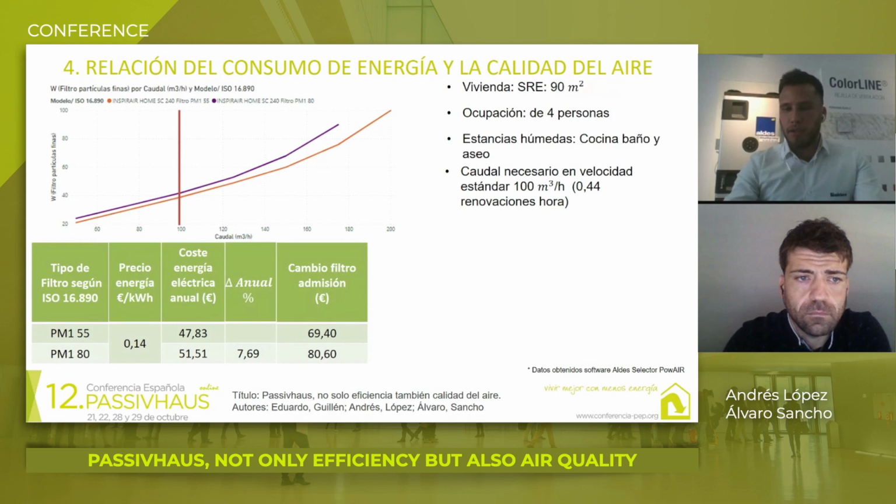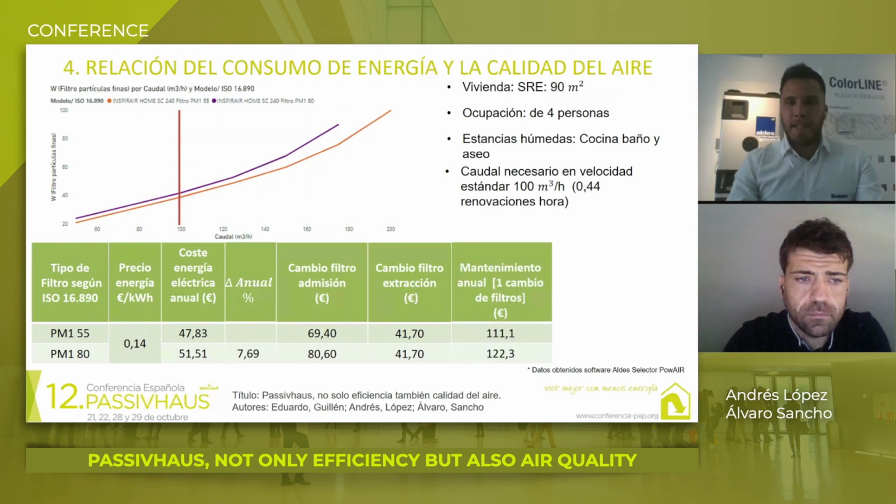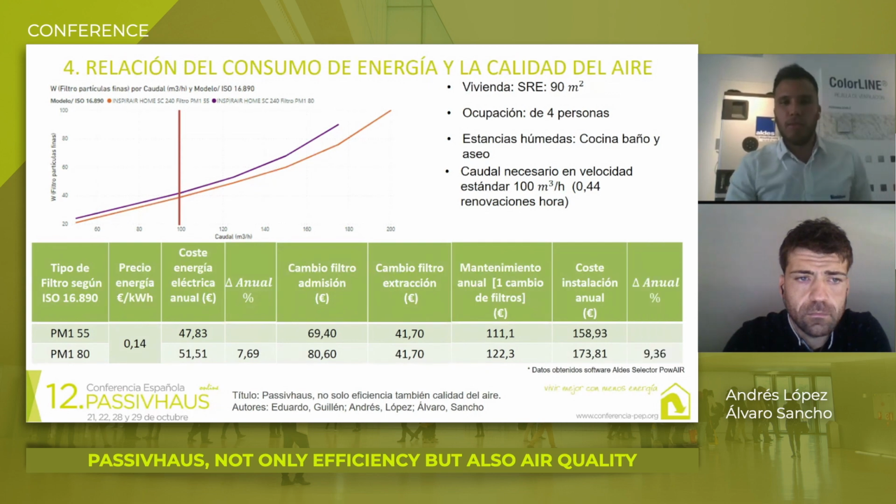If we were to add the cost of a new filter for impulsion and extraction, for maintenance of an annual filter change, the percentage increase would be 9.36%, which would be below 14 euros per year, giving superior air quality.